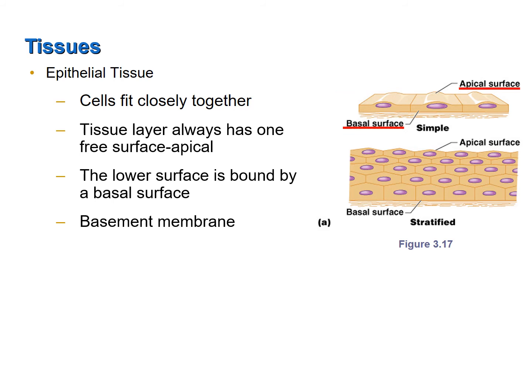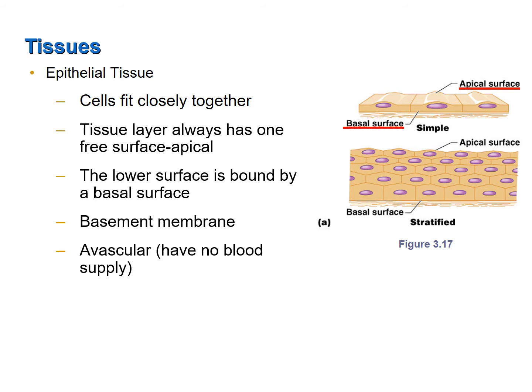The basal surface produces substances that are secreted into the extracellular matrix, and it helps adhere the epithelial tissue to deeper tissues, and this is called a basement membrane. Epithelial tissues do not have a blood supply of their own. They are avascular.